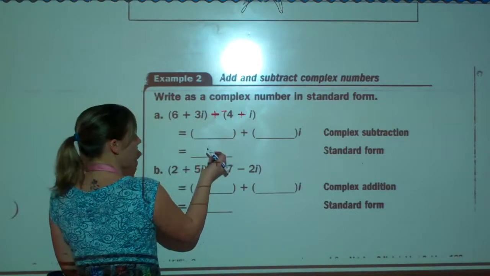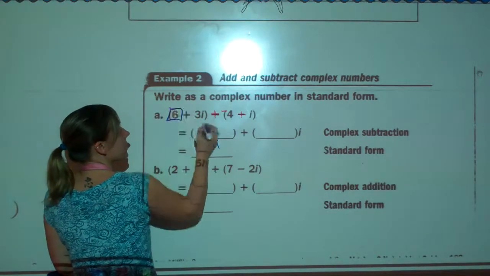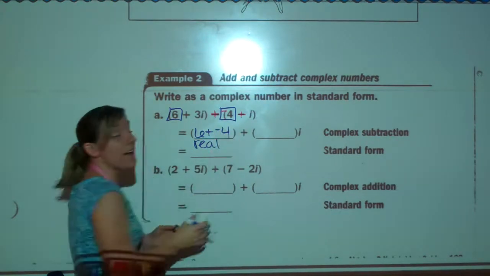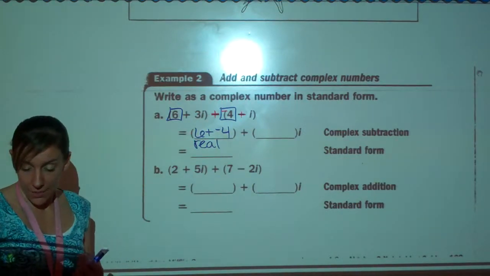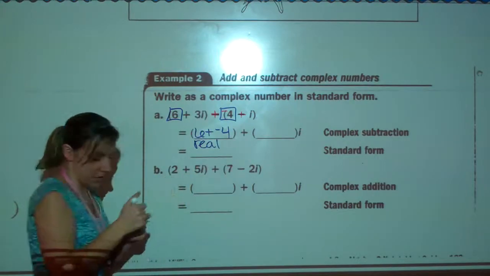So the real parts are the 6 and the -4, because they don't have I with them, okay?